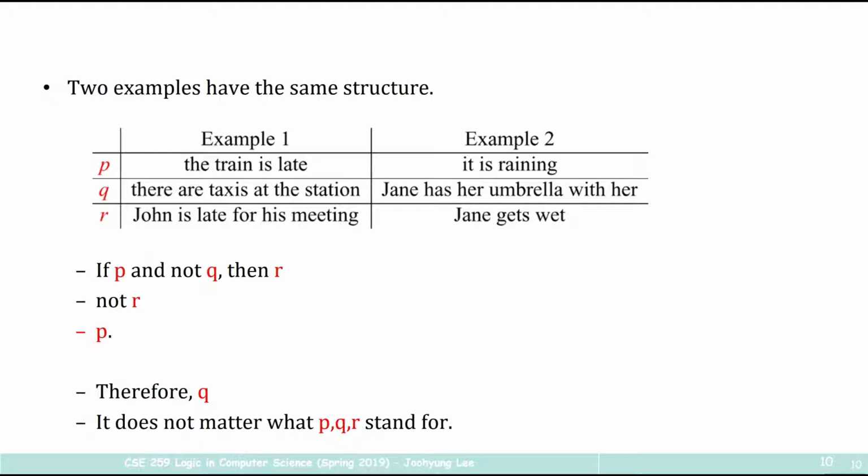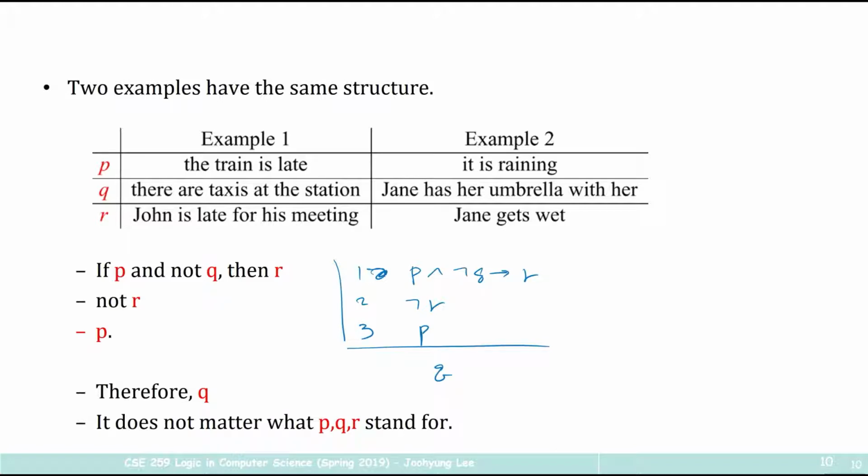Once you write this in English, you get this sentence, and then basically you can also write this this way, right? So we just change the symbols.